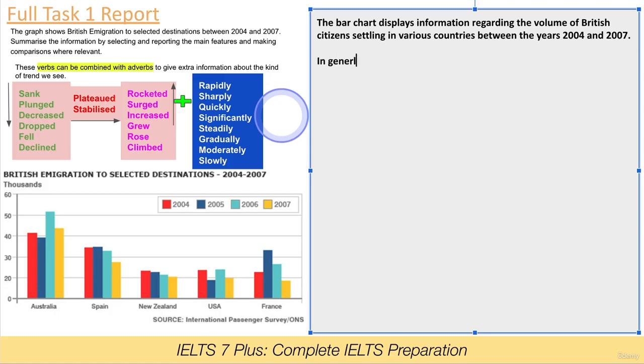So I can start it by saying something like, in general, Australia housed the highest number of immigrants from the UK, followed by Spain.